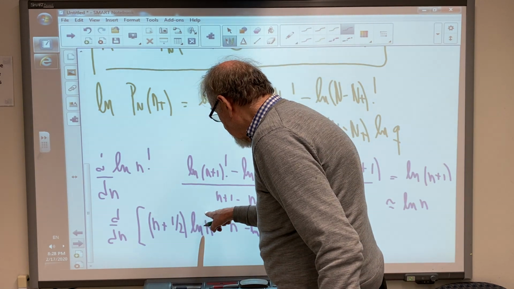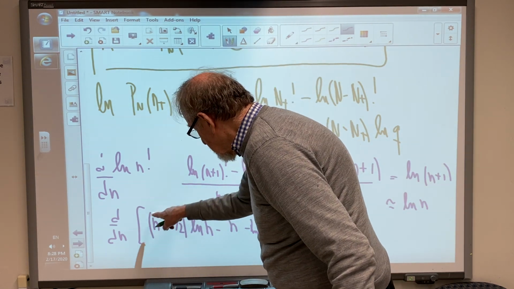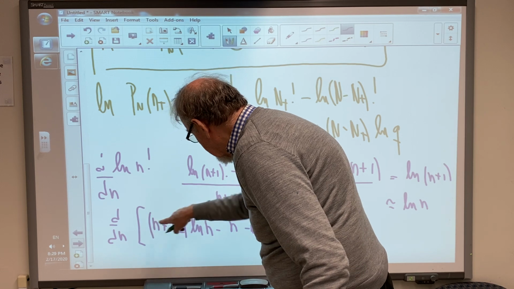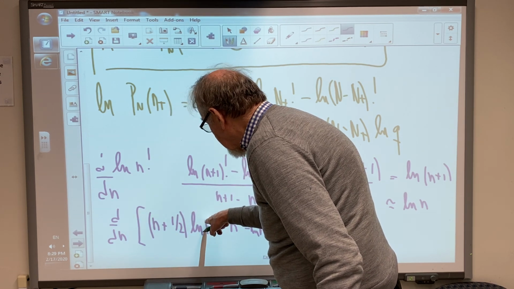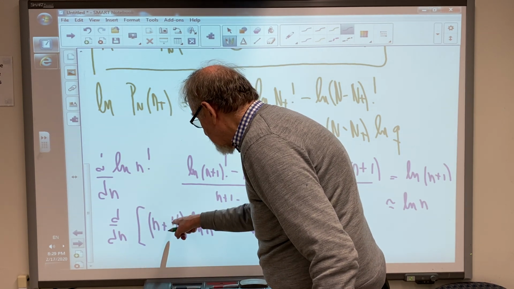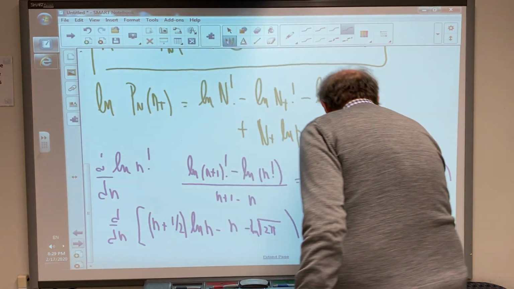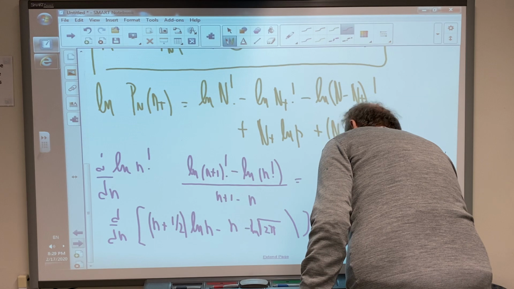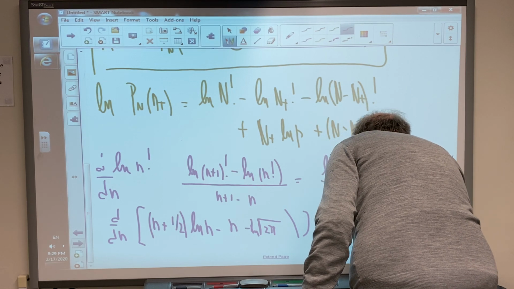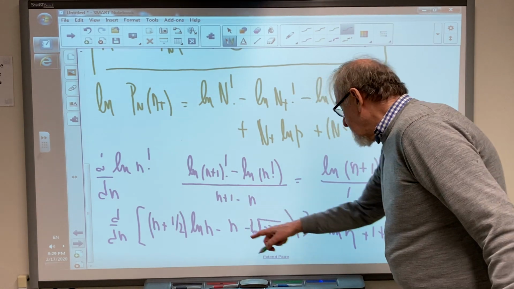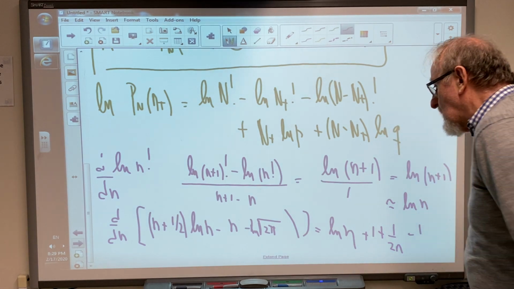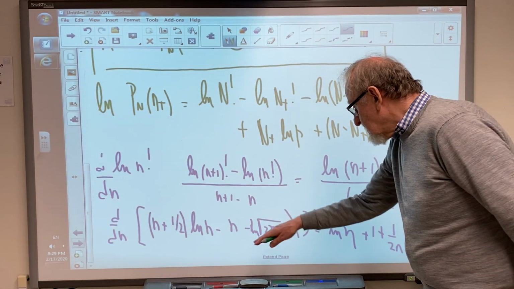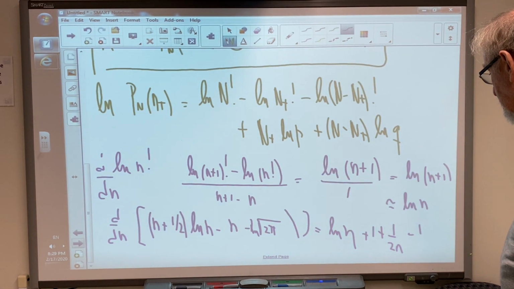When I leave this and I derive here, I get 1 over n. So n plus 1/2 over n gives me 1 plus 1 over 2n. When I take the derivative here, I get minus 1, and the derivative here is 0 because that's a constant.